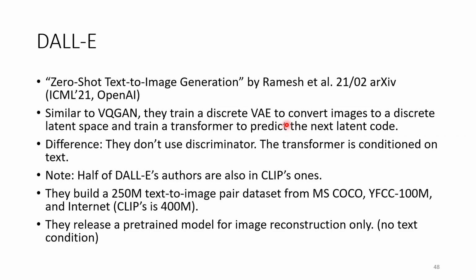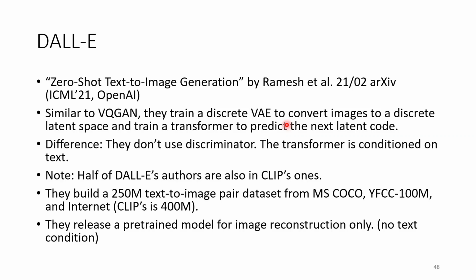What's the reason? The reason is that DALL-E was released by OpenAI, and OpenAI has the CLIP, right? And if you read both papers, CLIP and DALL-E, you will find that more than half of the authors are the same.